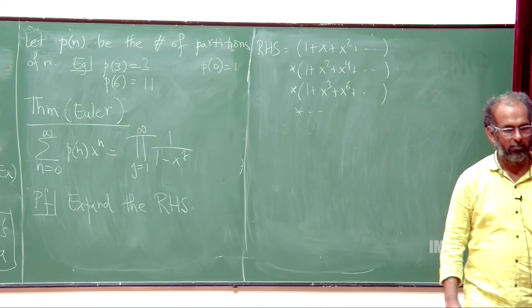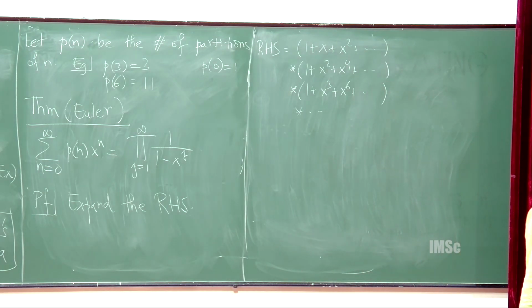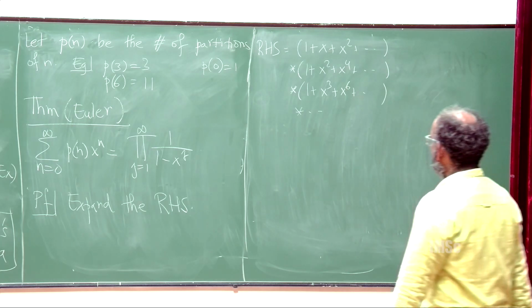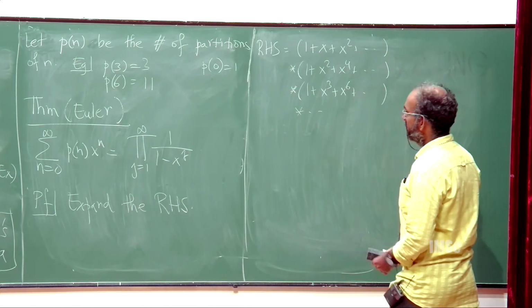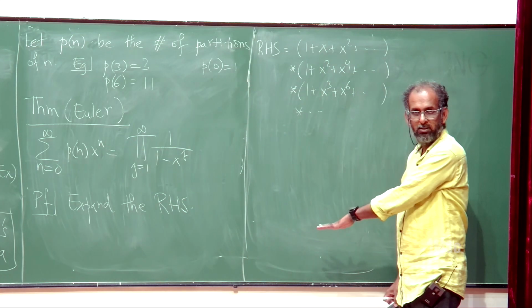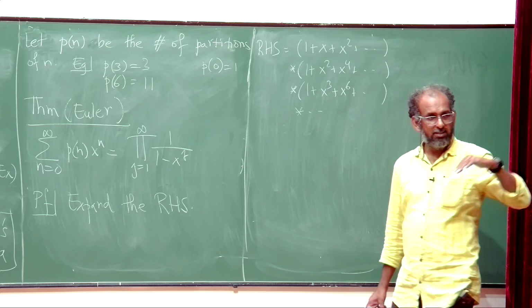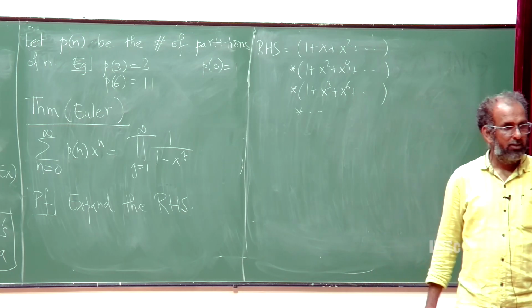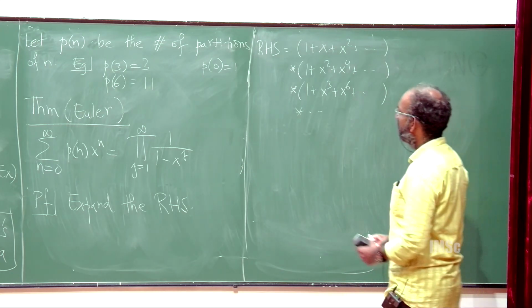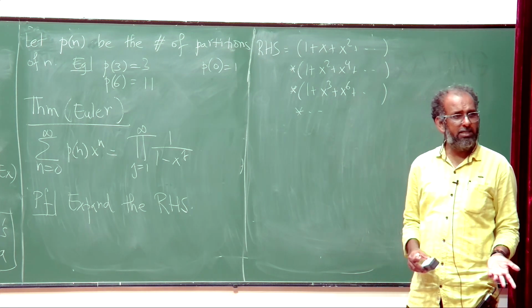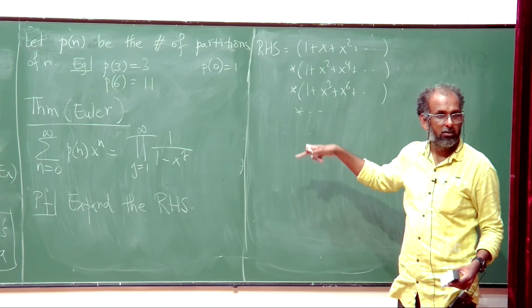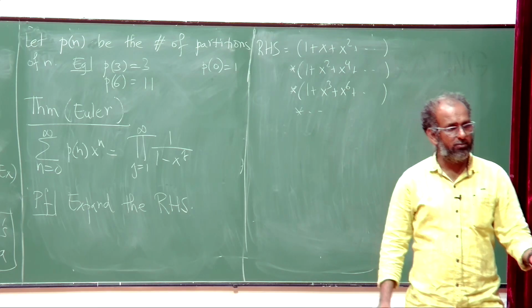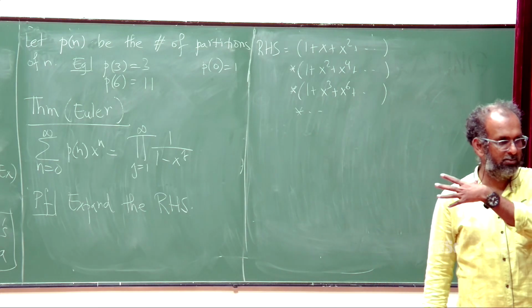Okay. Now let's look at a term. When you expand this, any term of the form x to the power n, I have infinitely many products, right? If it has x to the power n in it, that means from all but finitely many terms, we are only taking the one. Only in finitely many terms we are taking something else, right?